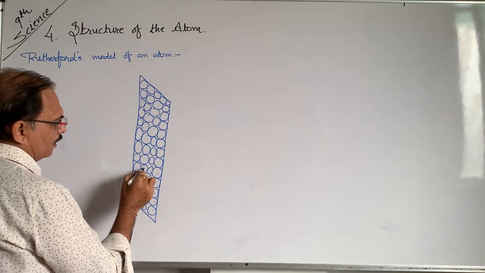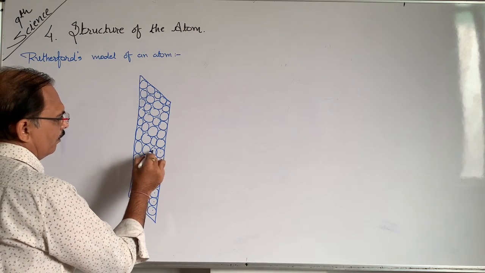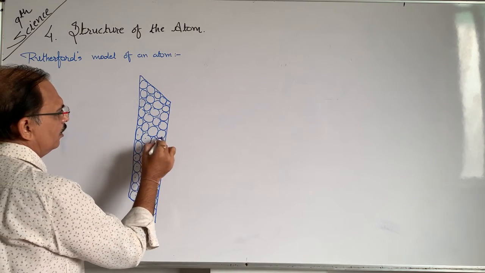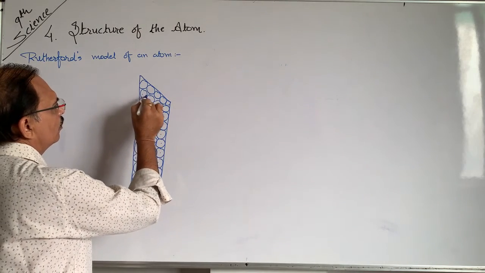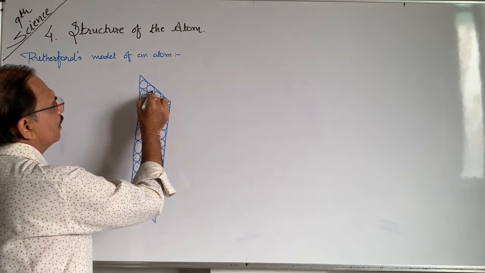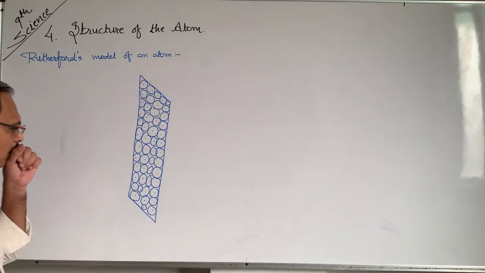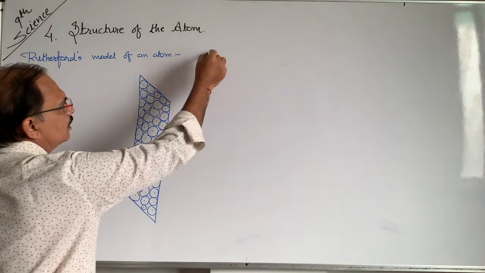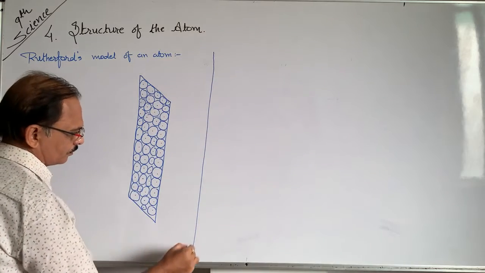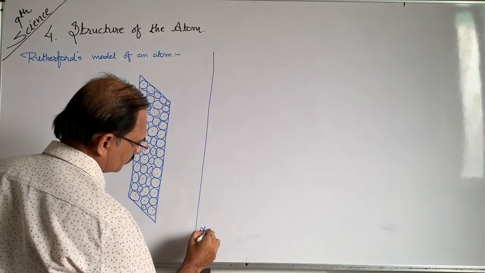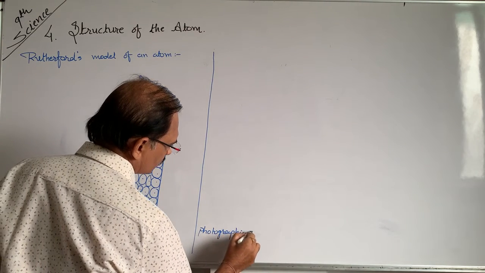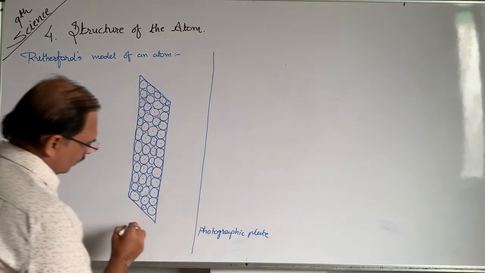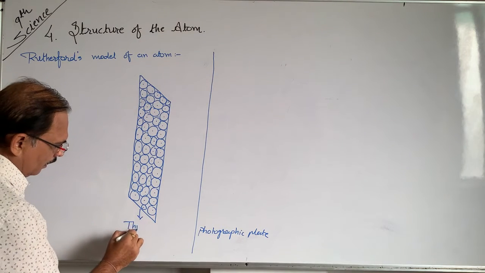Now, the foil is kept in front of a screen, or it is also called a photographic plate. Suppose this is the photographic plate, and this is the thin gold foil.